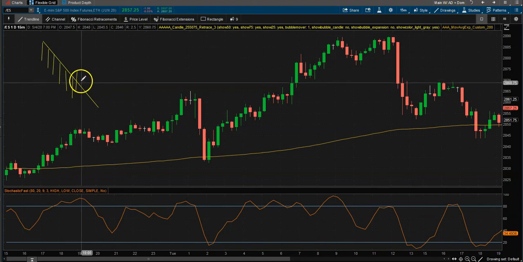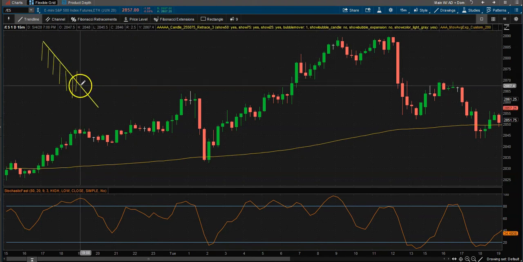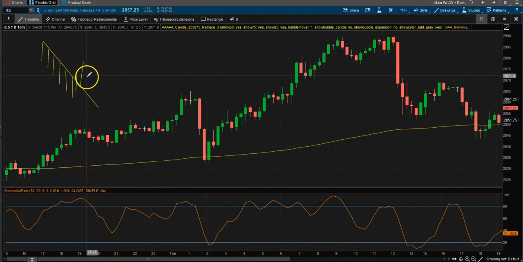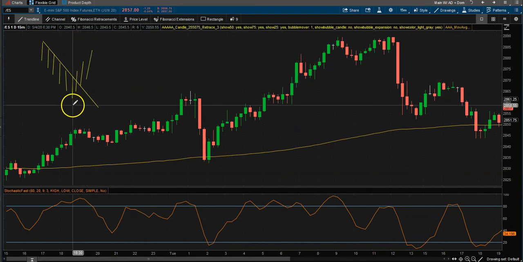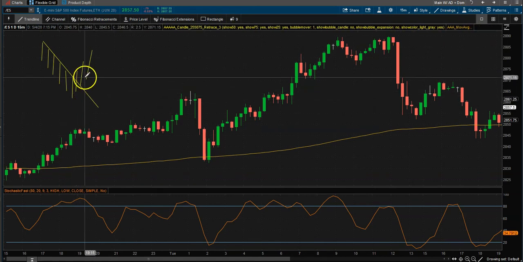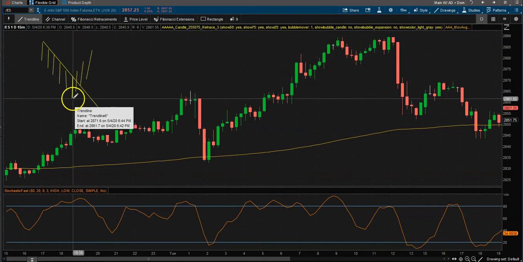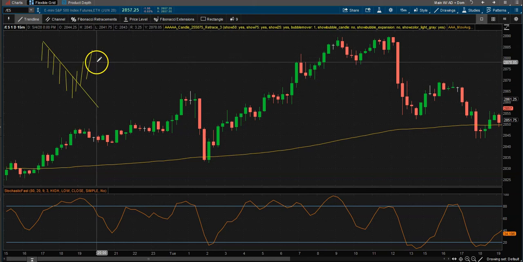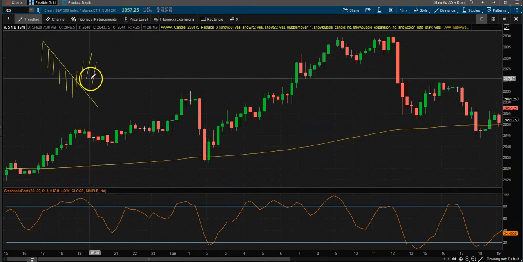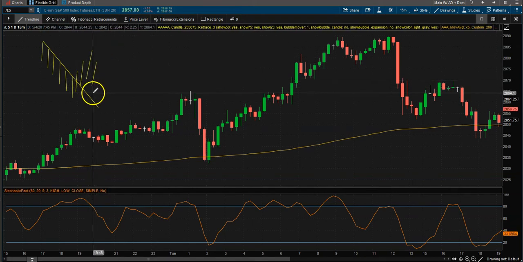And then normally what will happen is it'll close, and then you'll start to make higher lows and higher highs. All we care about on the way up are the lows. Higher low, higher low, higher low. And once price breaks below the previous low, we're now back in a bearish trend.